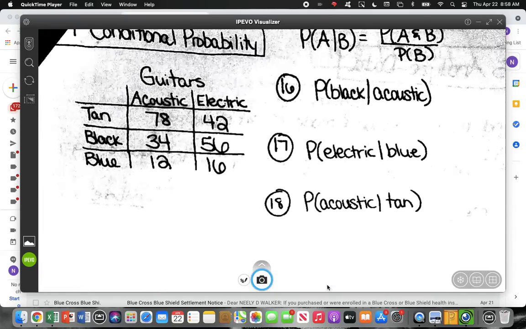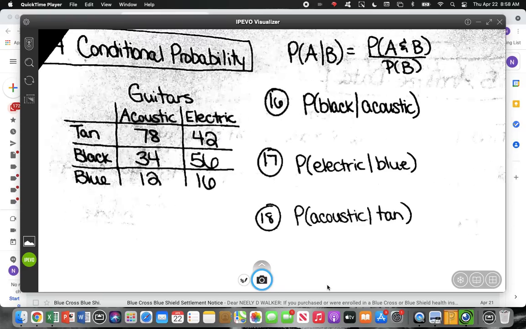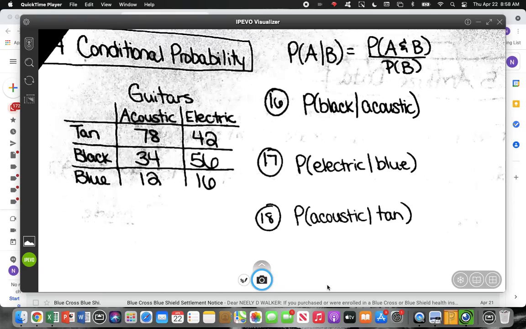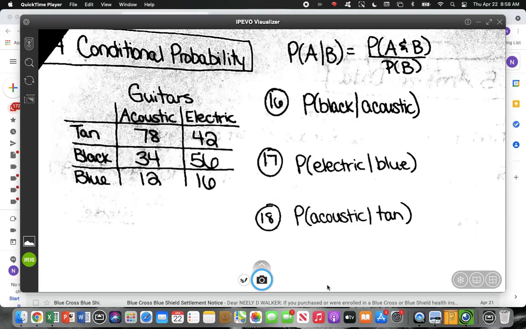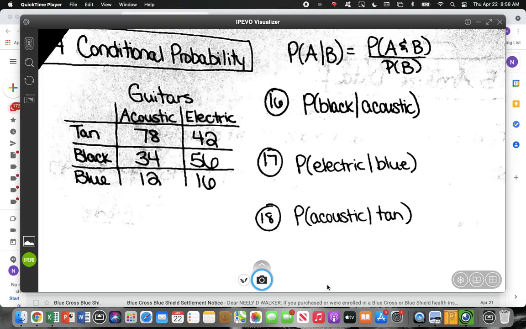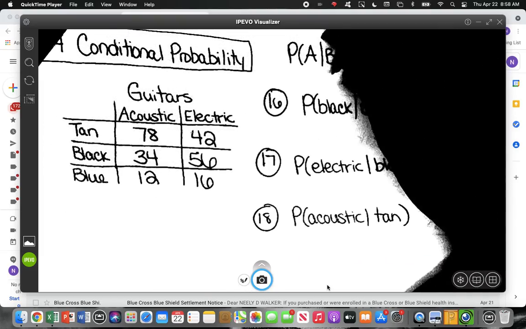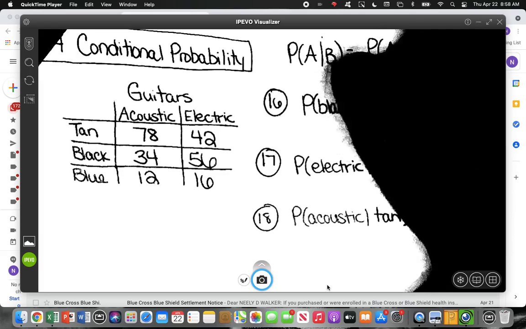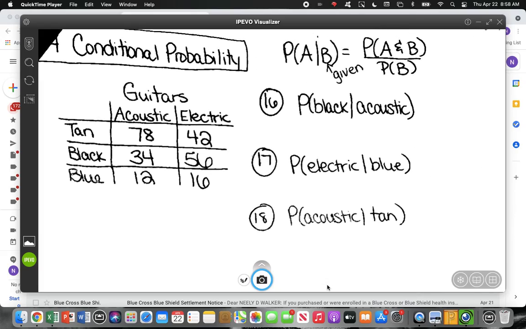This was probably, I gave you guys participation for these, but we've got to talk about these tables. If you guys look at this, this line here means given, and the second one is always the one that is given, the one that you know.